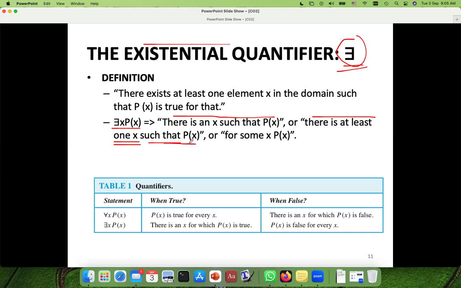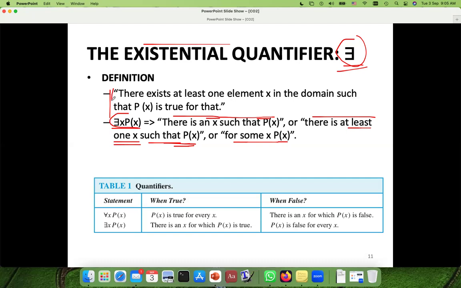I have not written "true" here, but it is understood through this definition. You can also say, for some x, p of x is true. This is the meaning of this notation.